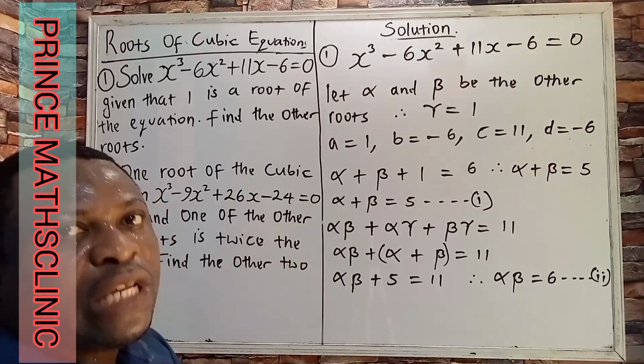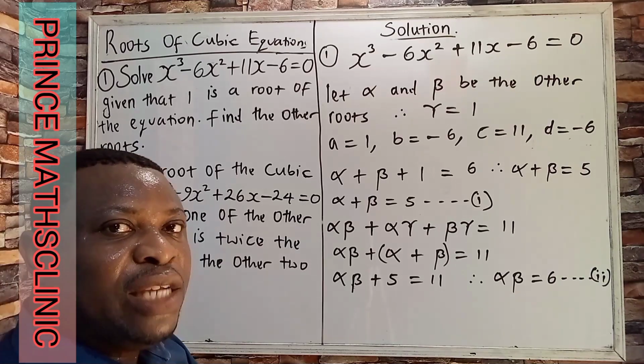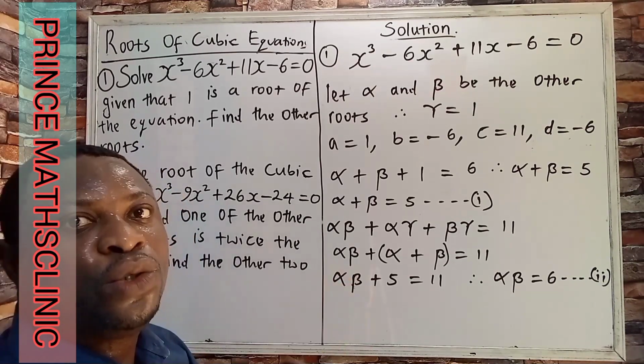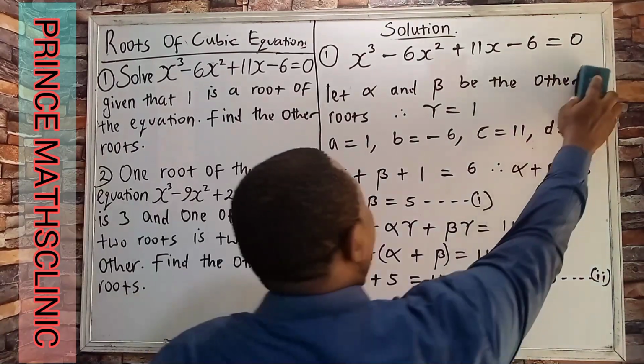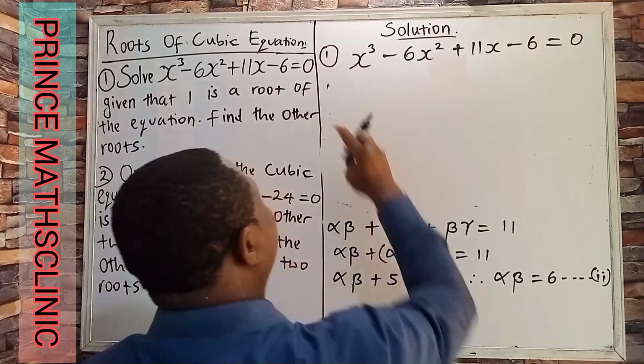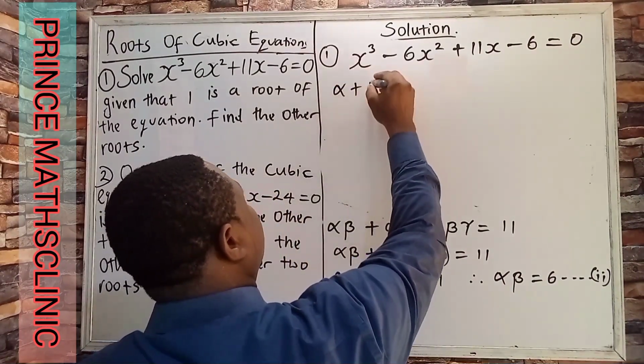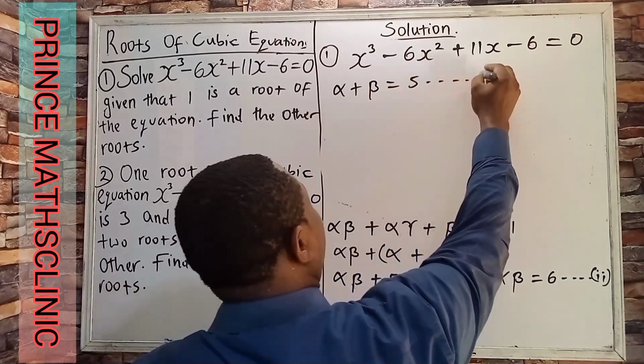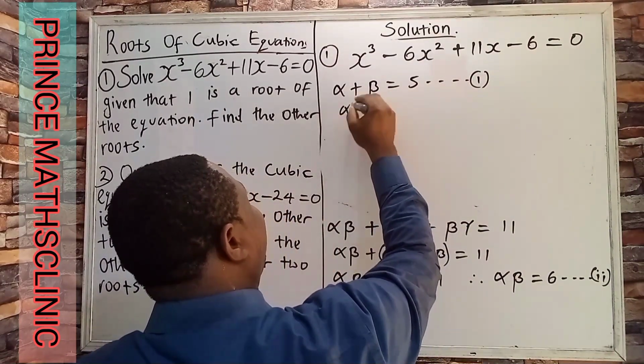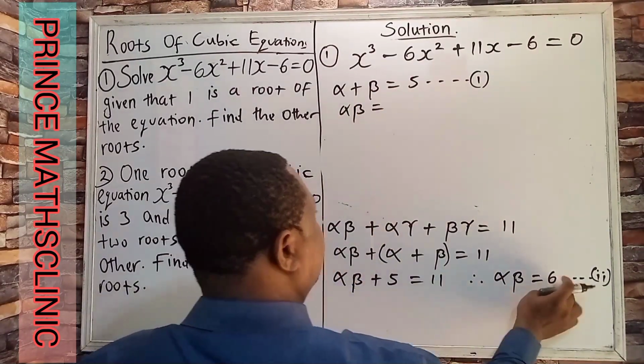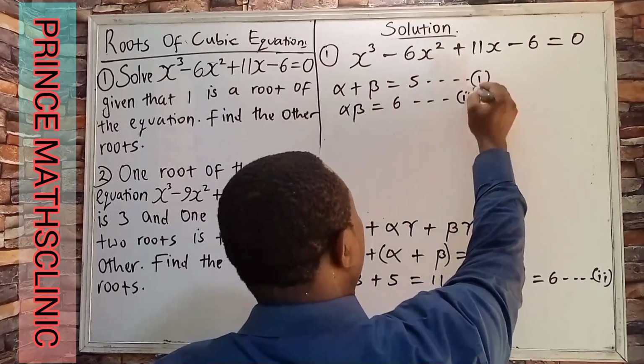But I'm not going to use the simultaneous equation. I'm going to use a very special way to solve this question. We know that alpha plus beta equals 5, and alpha beta is 6, equation 2.